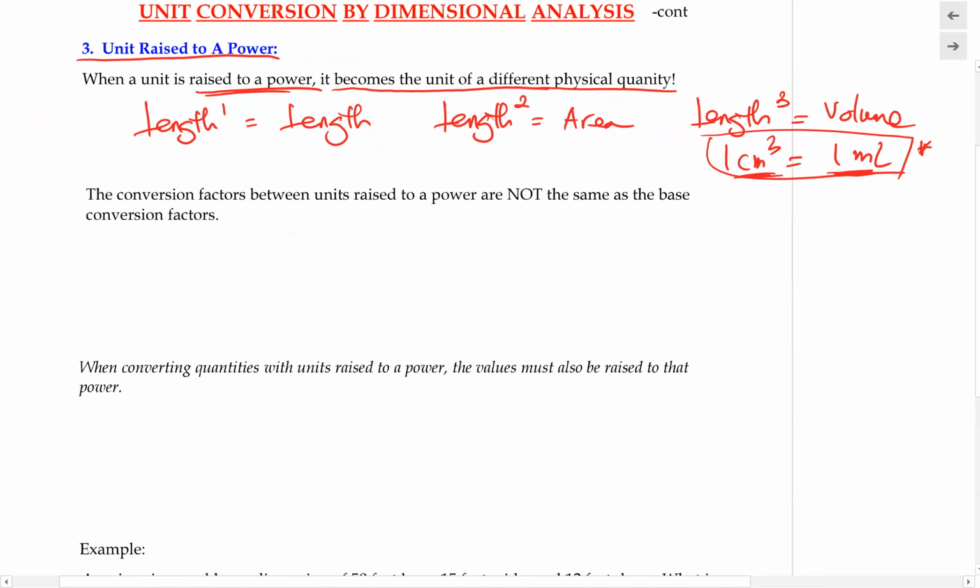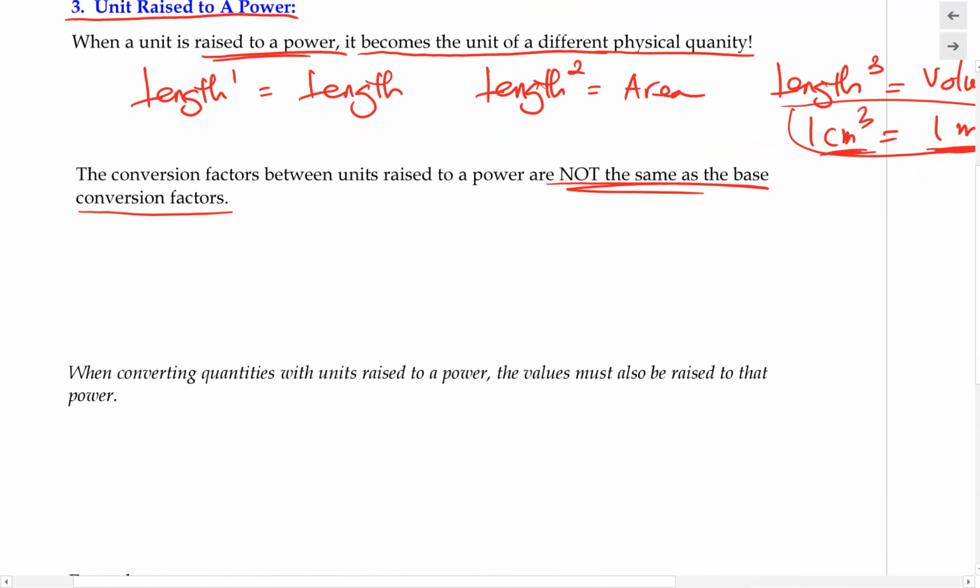Now let's go back to conversion factors. The conversion factor between units that are raised to a power is not the same as the base conversion factor when the units are raised to the first power. For example, 1 inch equals 2.54 centimeter.